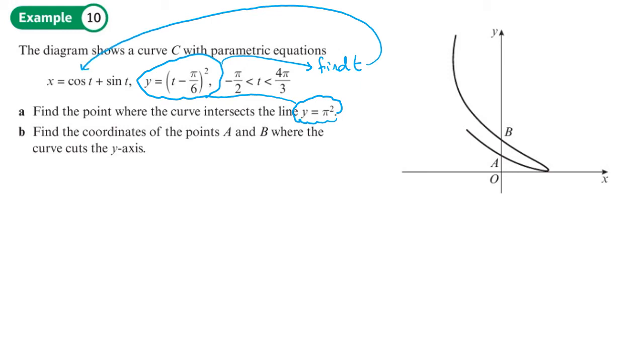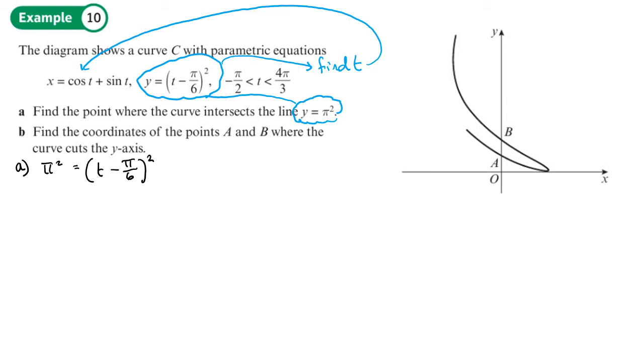We know the y coordinate is pi squared. What's the x coordinate? So let's substitute that pi squared into that equation. Rather than y equals t minus pi over 6 all squared, we'll have pi squared equals t minus pi over 6 all squared.